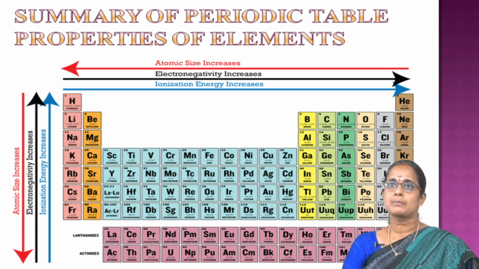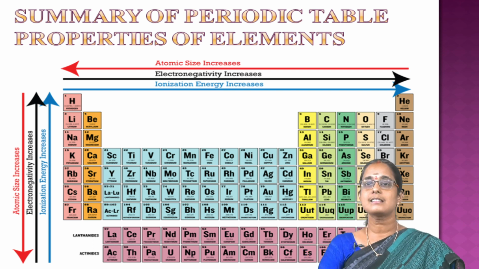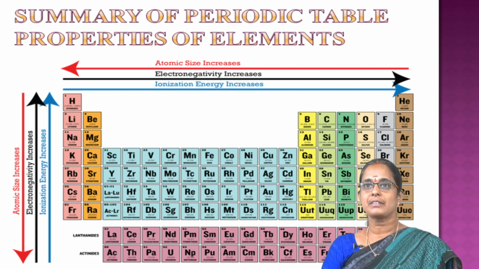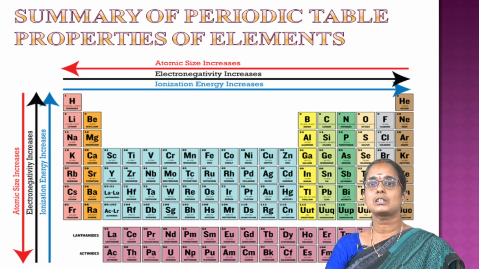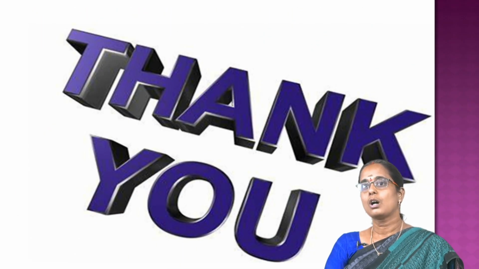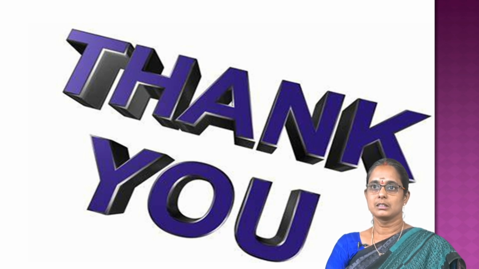When moving from top to bottom in a group, atomic radius increases, ionization energy decreases, electron affinity decreases, and electronegativity decreases. I hope all of you have a clear note about the periodic properties in the periodic table. Thank you.